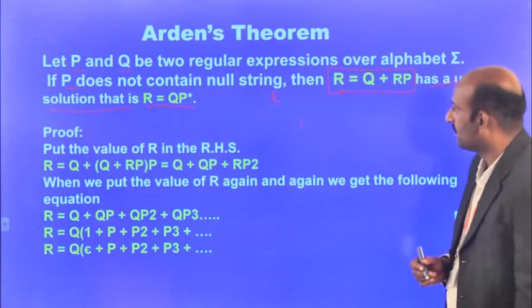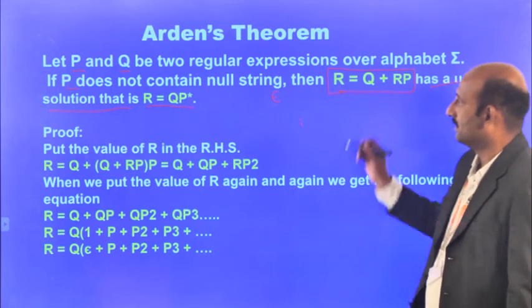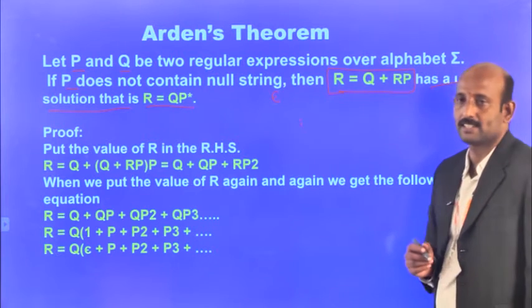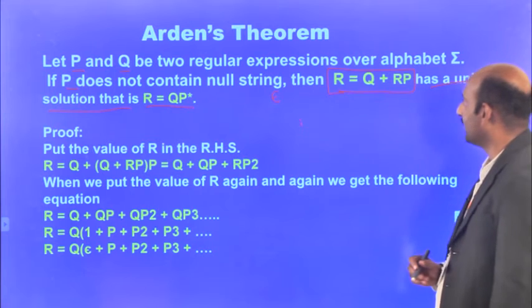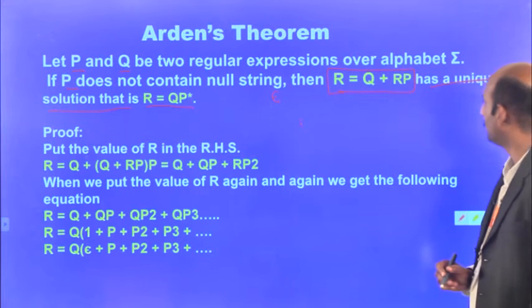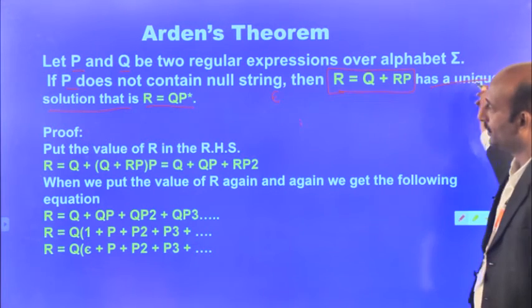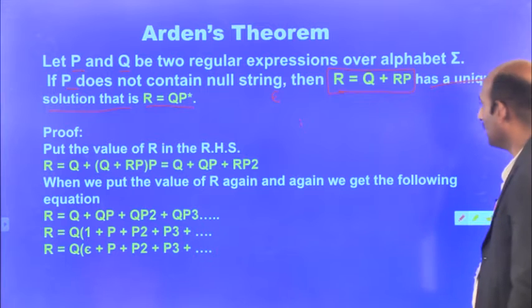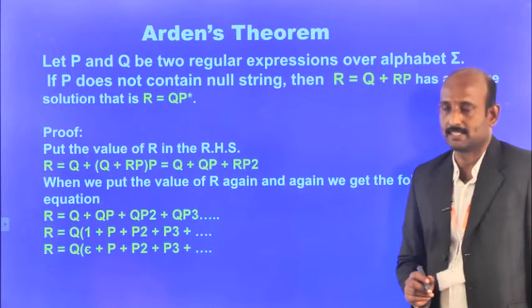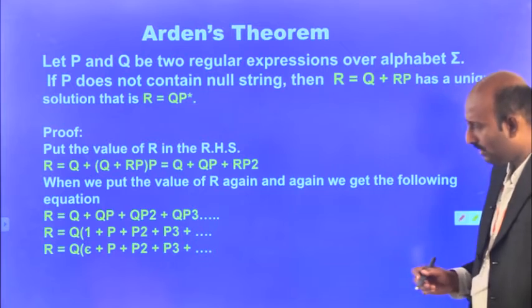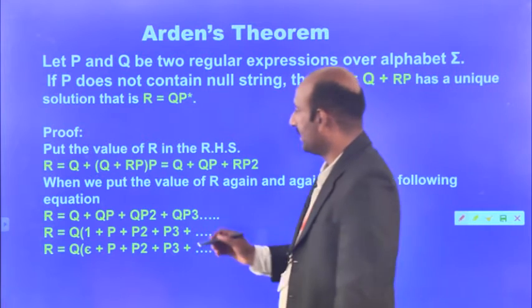If P does not contain the epsilon symbol, then R equals Q plus RP has a unique solution, that is R equals QP star. First we will see the proof.